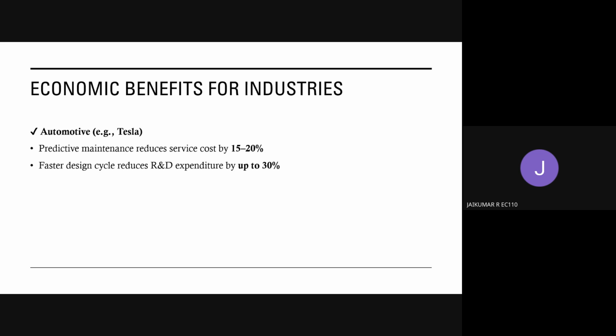Because if you want to do any modification in your automobile industry, you don't want to make the entire product physically. You can have a digital copy. In that you can add a component digitally, and you can run a simulation, and you can get the output as the original machine gets.